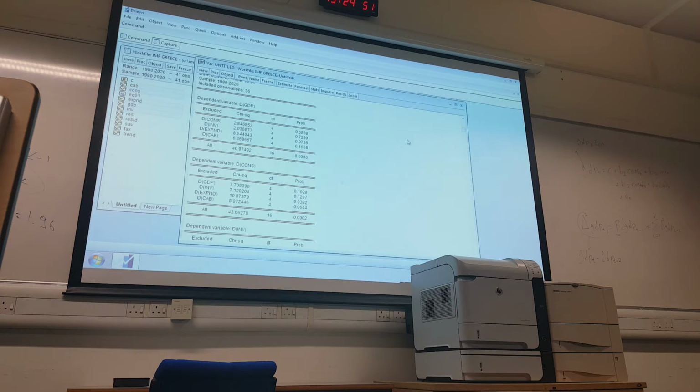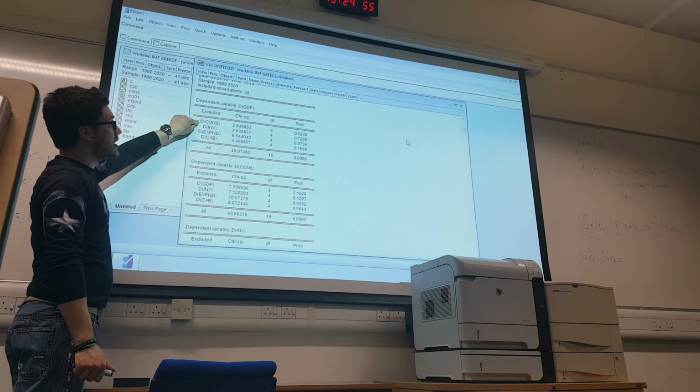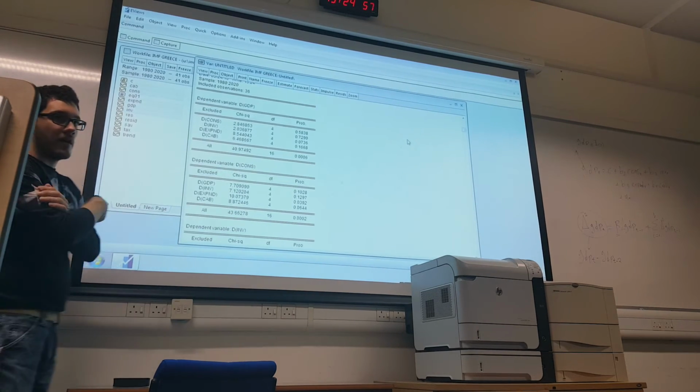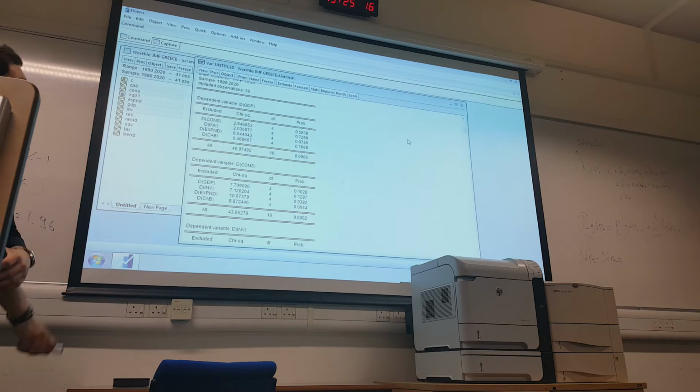In other words, if a change in the independent variables here will cause a change in the dependent variable. So what do we want to see? The null hypothesis of the Granger causality test is that there is no causality running from the independent to the dependent variable, versus the alternative that there is causality running from the independent to the dependent variable.